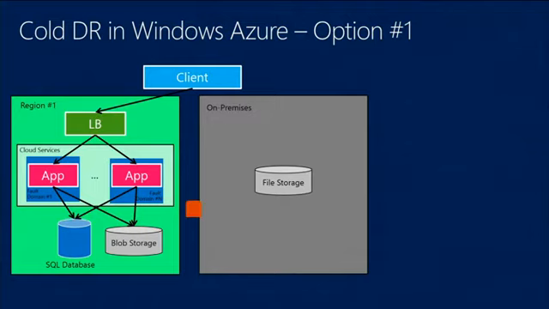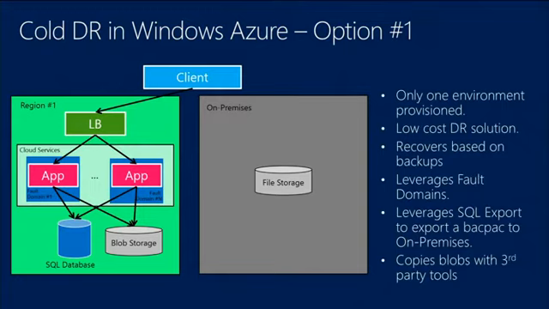Another thing that we would do is, for example, back up a SQL database. What would we use here? SQL database actually provides a capability which is SQL import and export. What they basically create is a bacpac. Does anybody already know what a bacpac is?